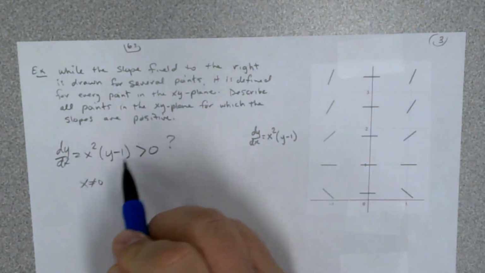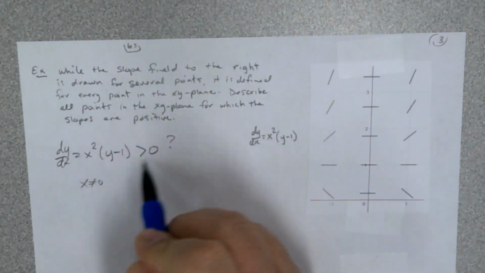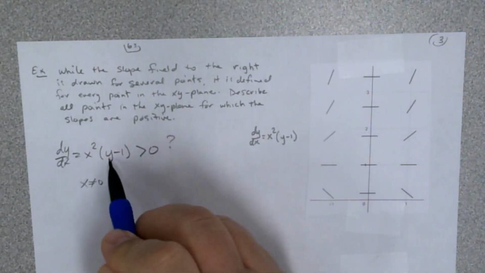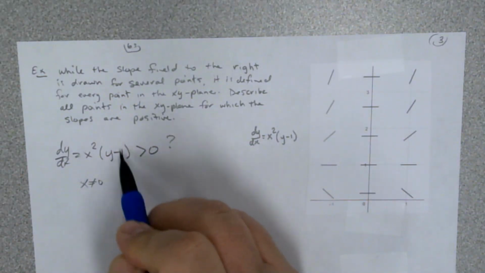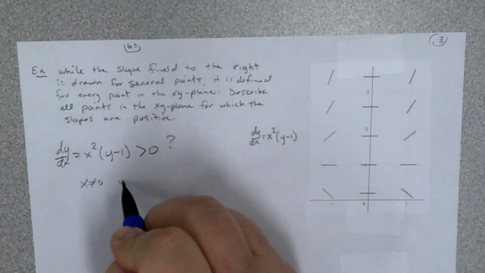What does y have to be to be greater than 0? Well, it can't be equal to 1 because that would be 0. And it can't be less than 1 because then it turns into a negative value. So that means y has to be greater than 1.